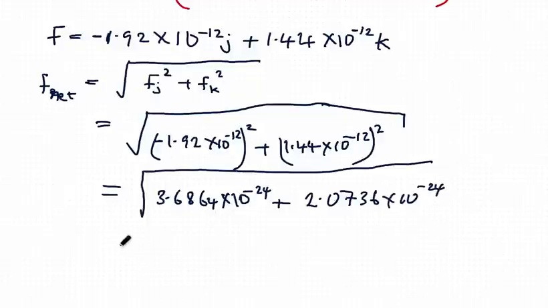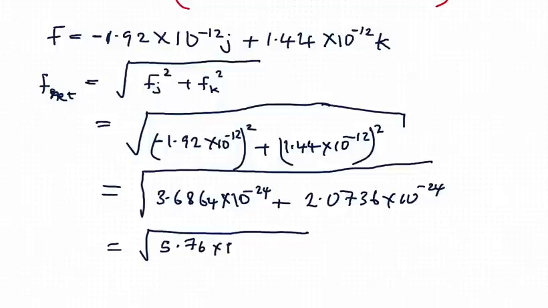So if I add it up, I'll be having 5.76 times 10 to the power minus 24. So the square root of this expression will be 2.4 times 10 to power minus 12.